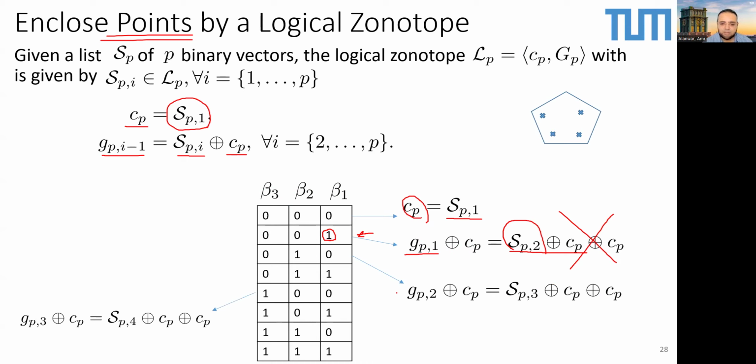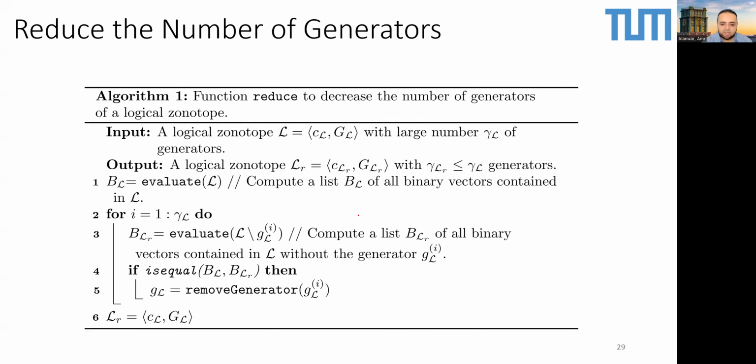However, the drawback of this operation is that it results in a huge number of generators, which is not the idea of logical zonotopes. So we need the best representation for sets of points. For this, you might do reduce or simplify, which is basically converting the zonotope into points, removing each generator and checking the effect of removing the generator.